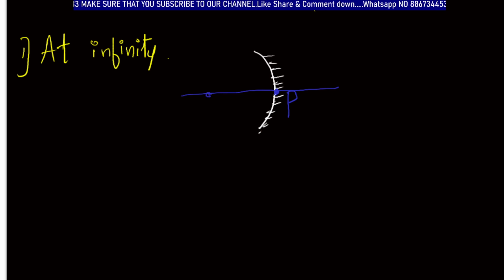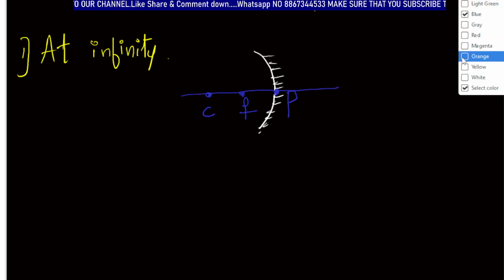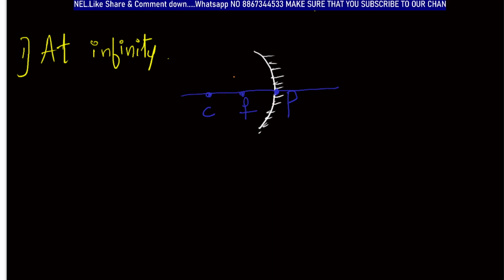This is the center of curvature. This is the focus F. So where does the image lie if the object is placed at infinity? At infinity, we consider the parallel rays.